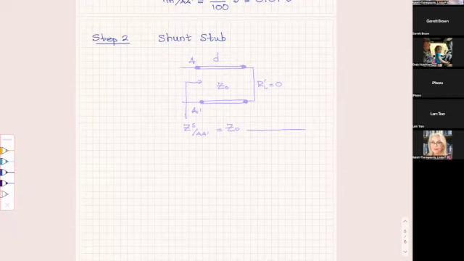So it's going to be RL prime plus j Z naught tangent beta D over Z naught plus j RL prime tangent beta D. RL prime is 0, so that gives us Z sub S at A prime.